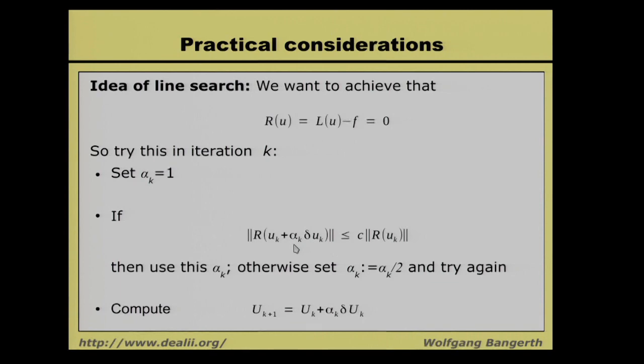For one alpha k small enough, there will always be some alpha k that satisfies this condition. And then that's the one that we're going to choose in our Newton iteration. So we're going to choose uk plus alpha k delta uk for the first alpha in this ever decreasing sequence of alpha k that satisfies this condition here.